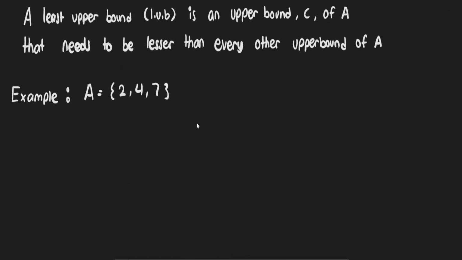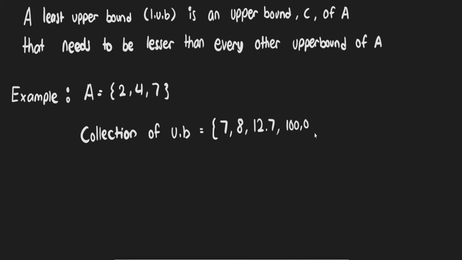A way you could think about it is if we form a collection of upper bounds for A, for example, 7 is an upper bound, 8 is an upper bound, 12.7 is, 100,000 is, 7.1 is also an upper bound, and so on.